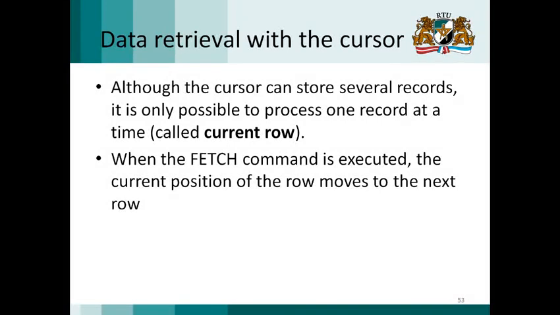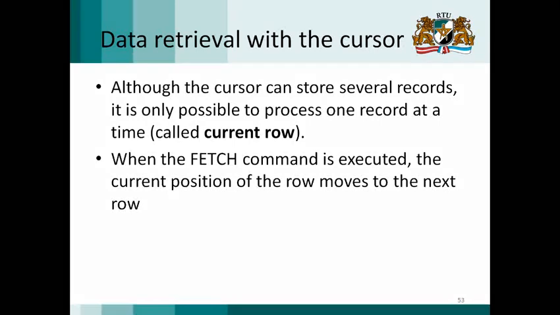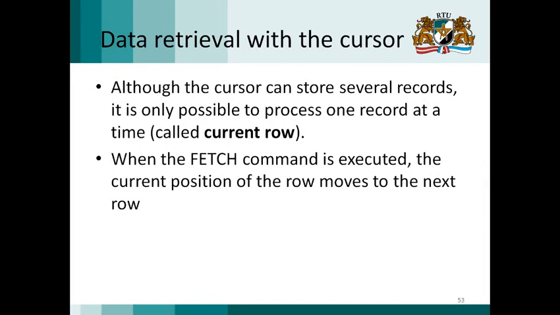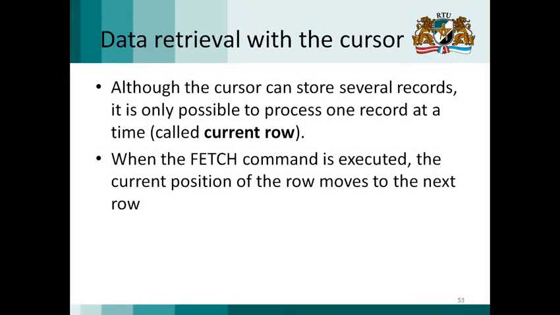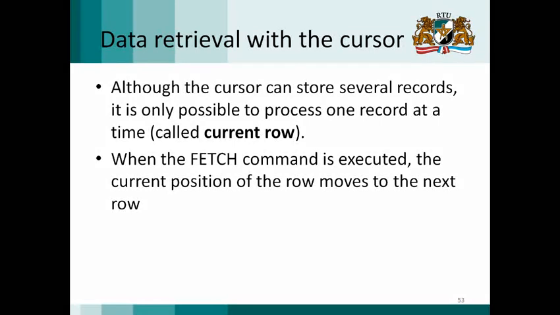For example, if we have cursor 1 with 2 fields, and there are rows 1, 2, 3, 4, there are 4 rows, we can only access one of the rows at the moment.